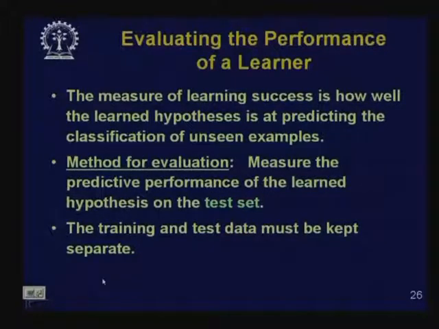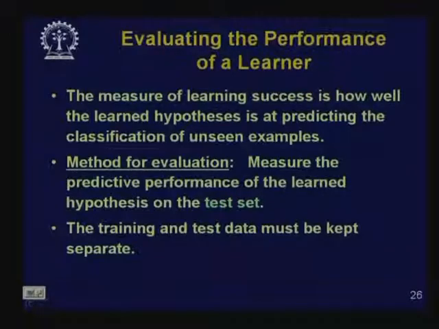Now, how do we measure the success of a learning algorithm? We have to measure how well the learned hypothesis predicts the classification of unseen examples. So, we have to measure the predictive performance of the hypothesis.